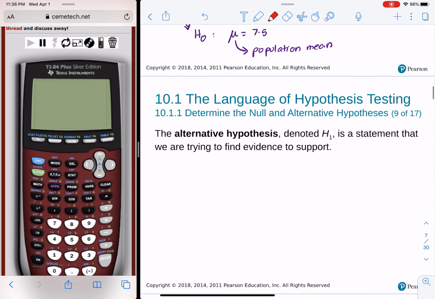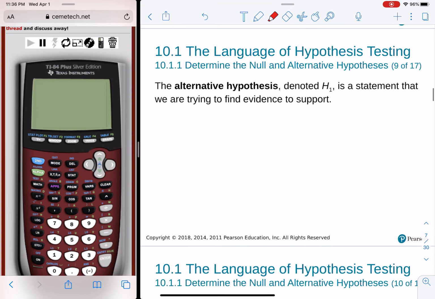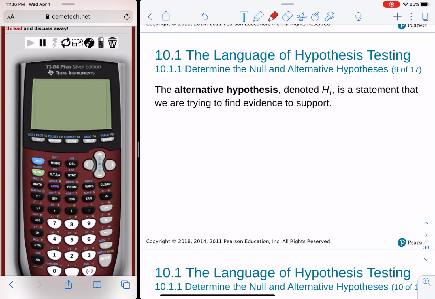So the second portion of the claim statement is the alternative hypothesis. In other words, it is the counter argument toward which we are trying to find support. So let's go back to the previous example. Null is P equals 0.5. The counter argument would be P not equal to 0.5.